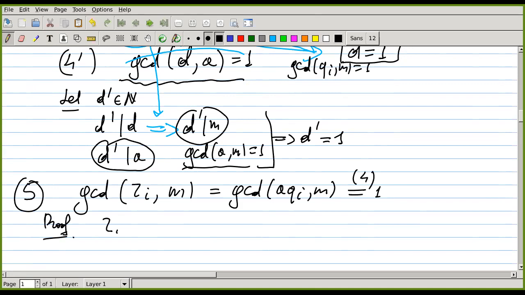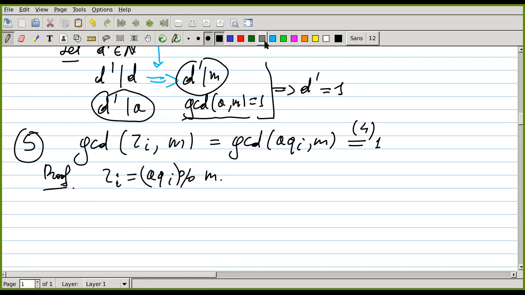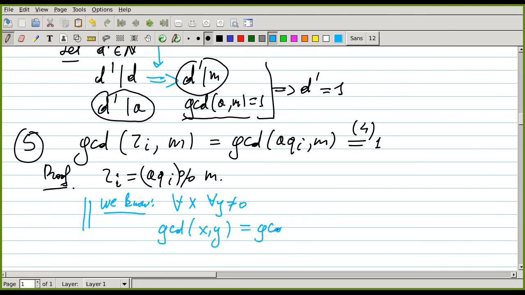Why is it so? What is Ri? Ri by definition was the remainder. But we know this was another theorem from our previous lecture. We know that given some x and some y, which is not 0, the greatest common divisor of x and y always equals the greatest common divisor of y and of the remainder.